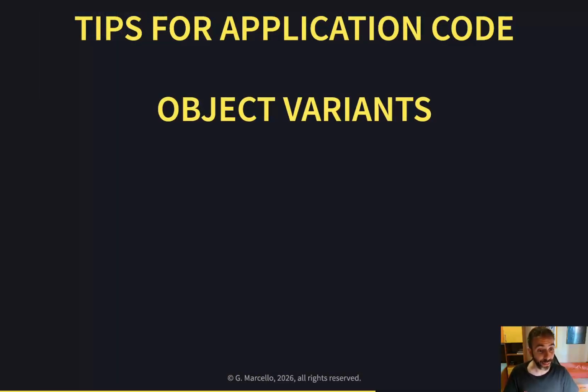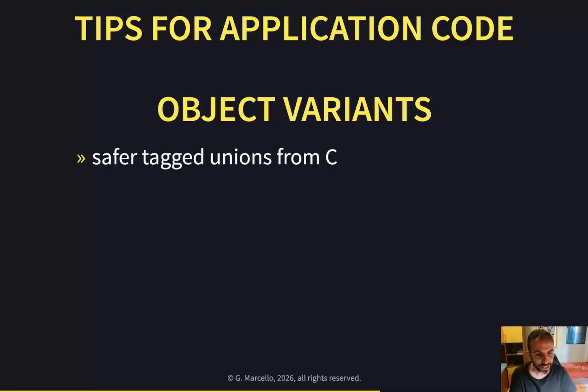Another interesting bit of the language that I've been using quite a lot more in these application adventures is object variants. Object variants are essentially safer tagged unions from C. If anyone ever used tagged unions in C, they're just that, but with a couple of caveats that make them a little bit easier and safer to use.